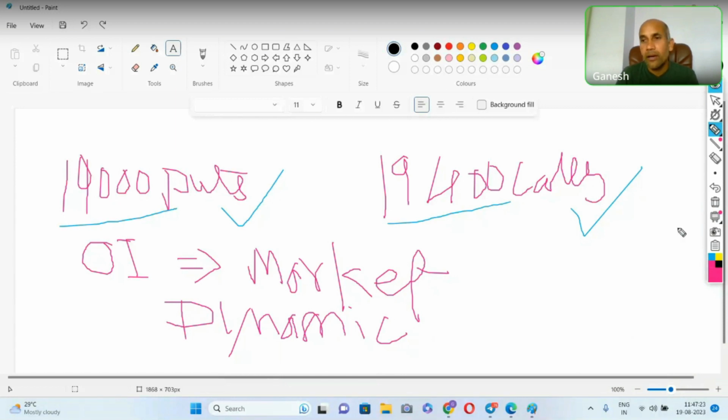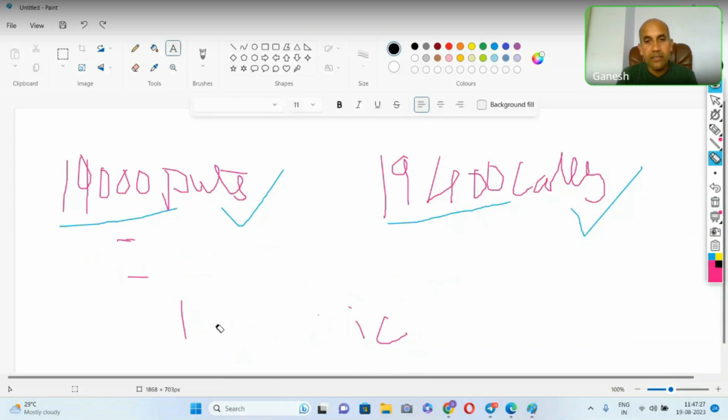Now let us understand the other point, which is support and resistance. We see this, right? 19,300 is the highest open interest we've seen, right? 19,300 and 19,400 are the highest open interest.